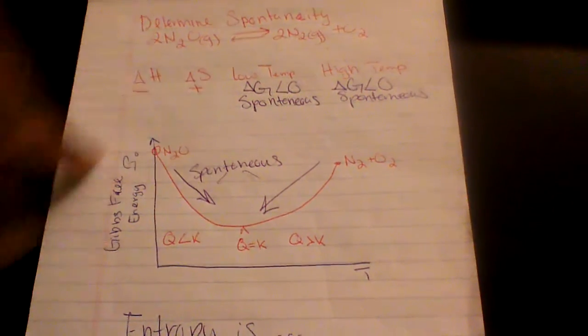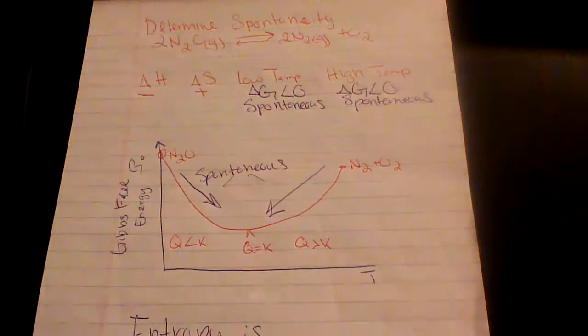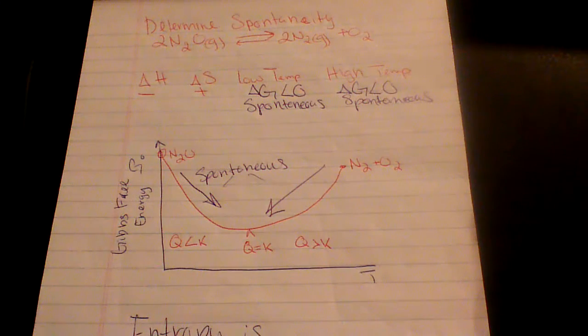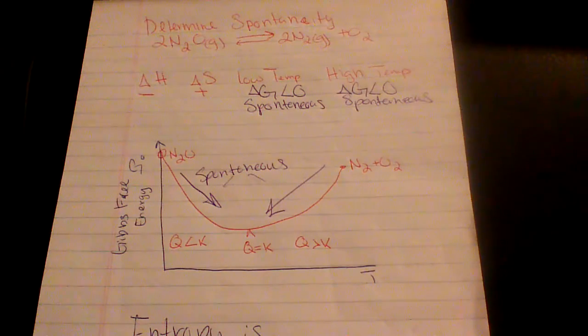If the enthalpy is negative, essentially we look at that and we go, okay, well then delta G, Gibbs free energy, is negative as well. Since it's less than 0, it's creating a spontaneous reaction. And even at high temperatures, it's less than 0, it's creating a spontaneous reaction.